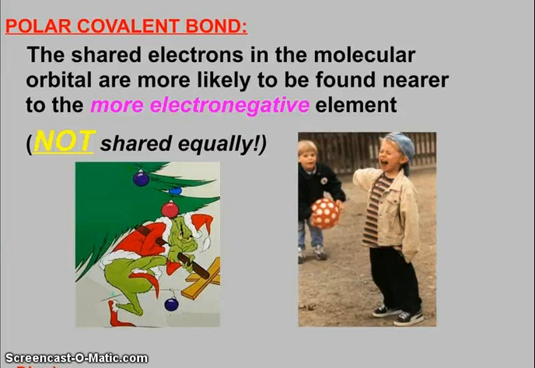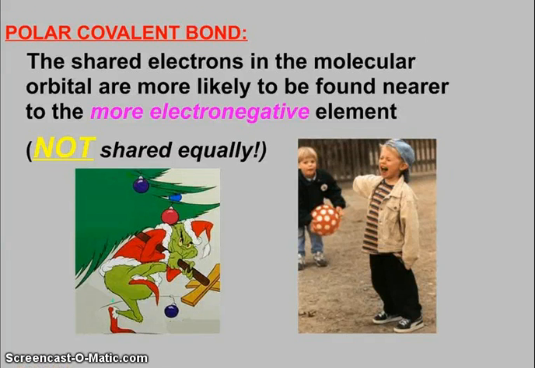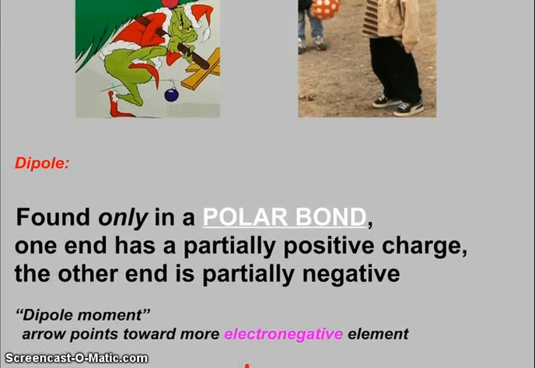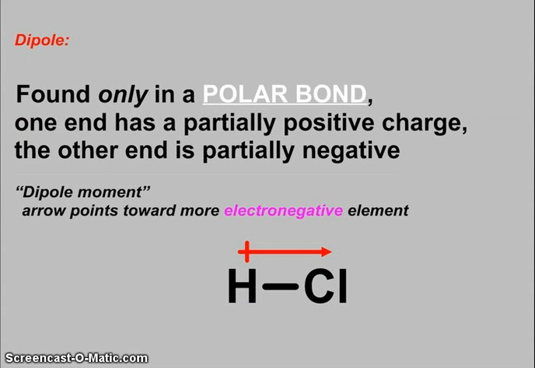Now, in this polar bond situation, we end up seeing the existence of what is called a dipole. This is found only in a polar bond. And we can visually draw this with what's called a dipole moment. And that's simply an arrow above the bond that is going to point towards the more electronegative element.